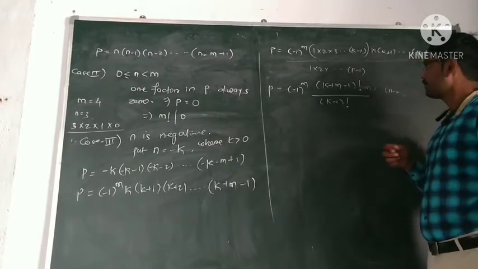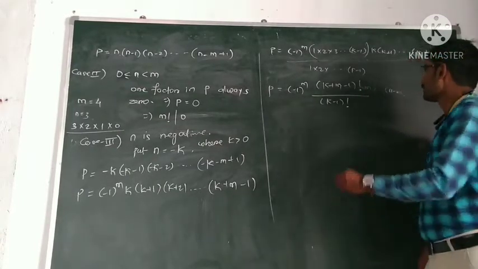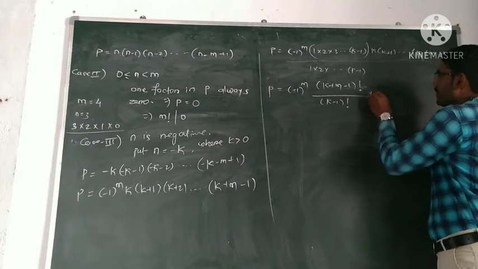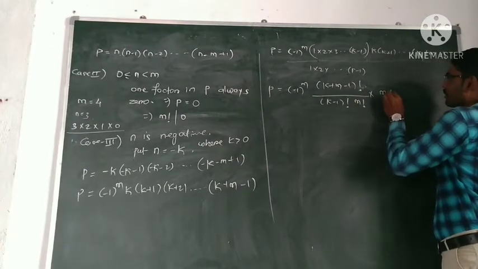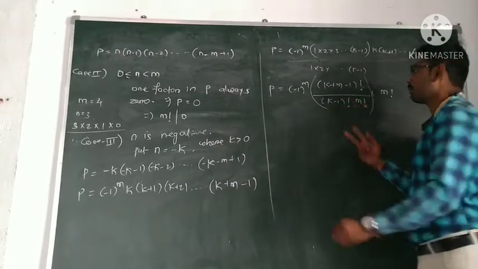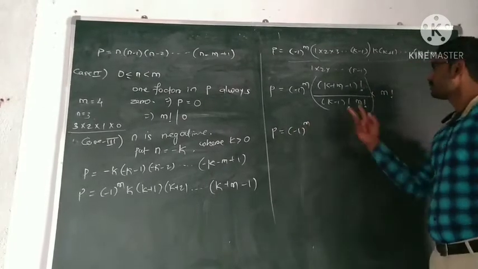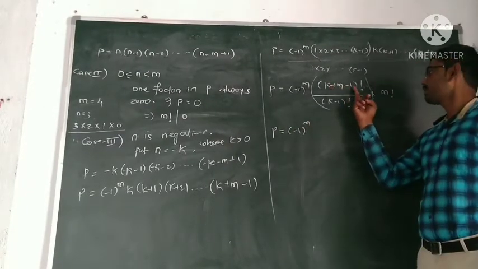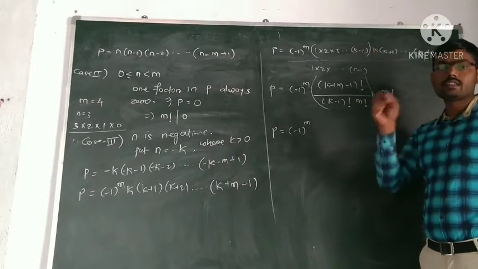Now multiply and divide by m factorial as we did in the first case. But now focus on this term. It is minus 1 raised to power m as it is, times k plus m minus 1 choose m, again our formula nCm.